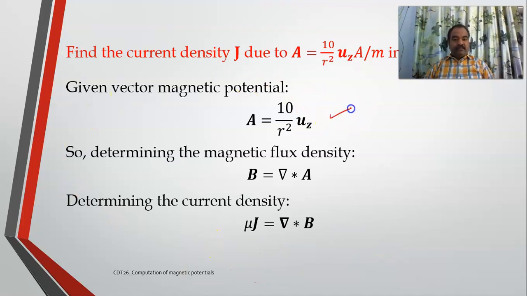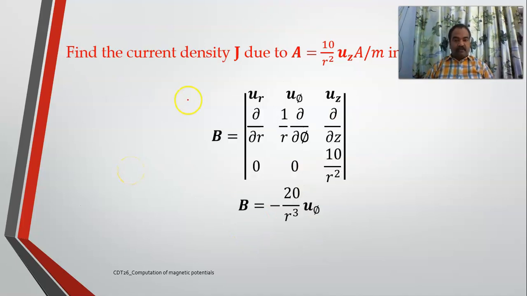So this is your given magnetic potential. First of all, let me find out del cross A, which is B, and next I'll find out del cross B, which is equal to mu J, and then I will find out J. So first of all, B, which is nothing but my del cross A. This is the del operator, so now this is a cross product, right?